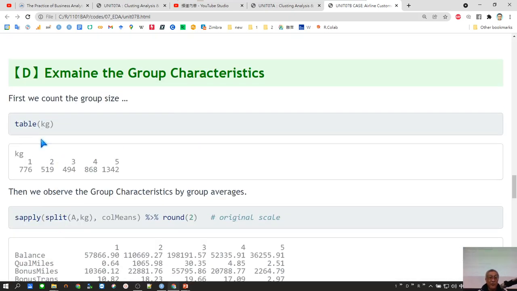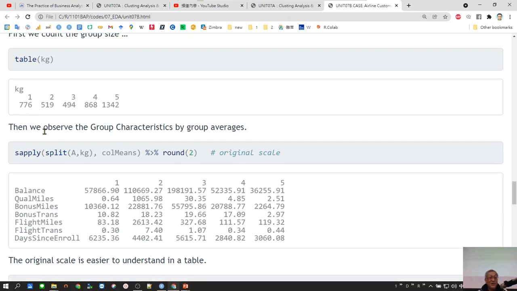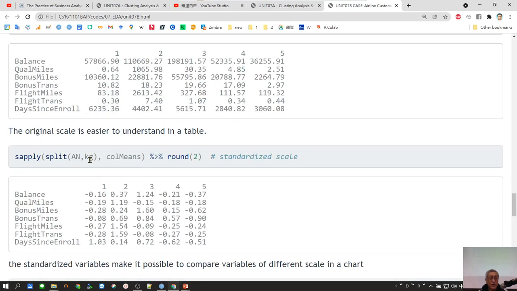So if I do a table, then I can see the group size, right? After I know the group size, I want to know the characteristics of each of these clusters. So I can do a column mean for each of the groups.